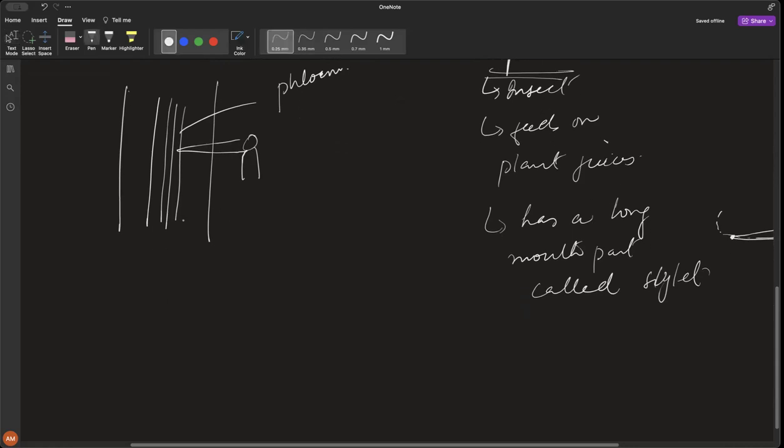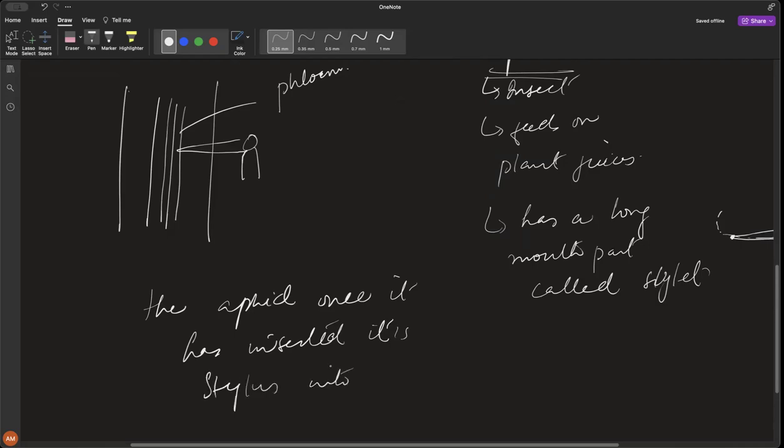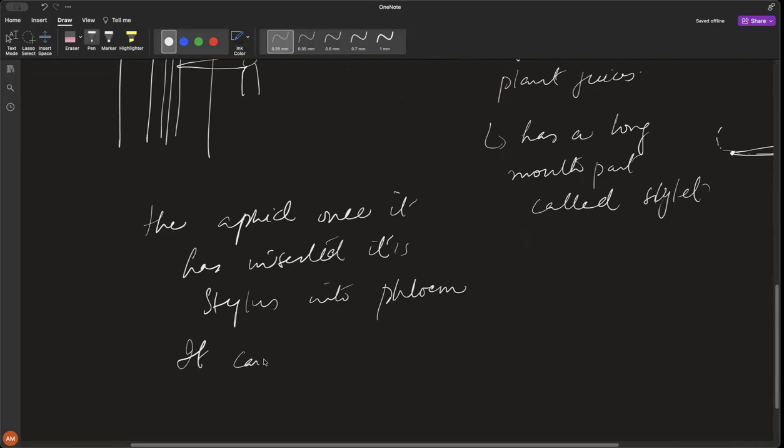Once the aphid has inserted its stylet into phloem, it can be anesthetized with carbon dioxide while feeding.